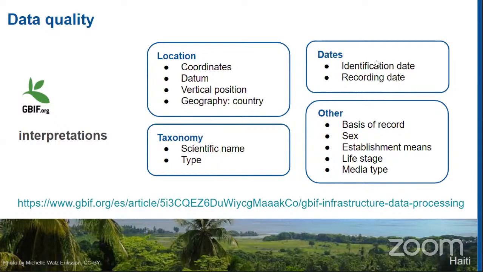They also interpret identification and recording dates, and some other information like basis of record, sex, establishment means, life stage, and media type. So what GBIF does is look at the original data, and through a processing workflow, they provide interpretations based on that original.